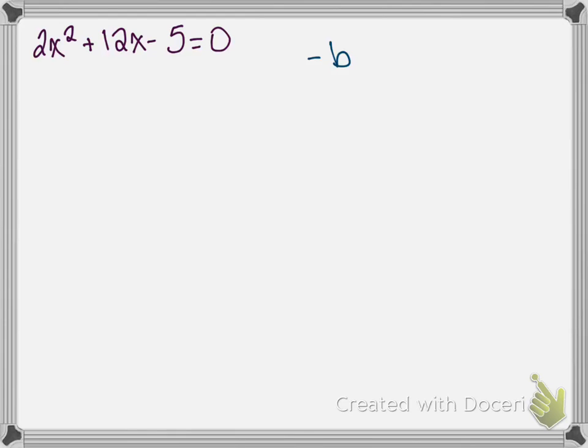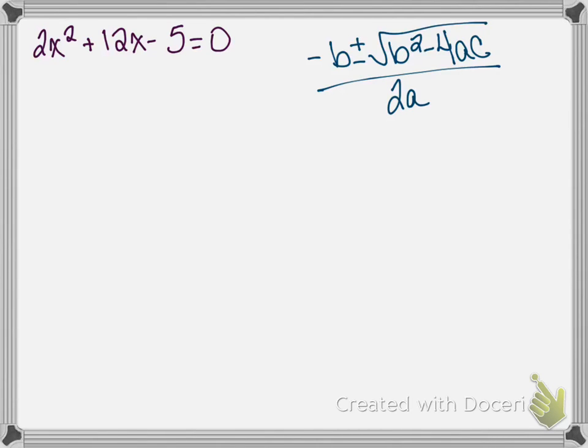I'm going to write this down: negative b plus or minus the square root of b squared minus 4ac, all over 2a. My a value is 2. My b value is 12. And my c value is negative 5.